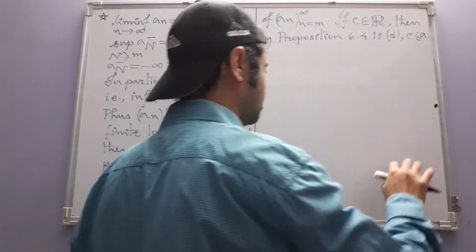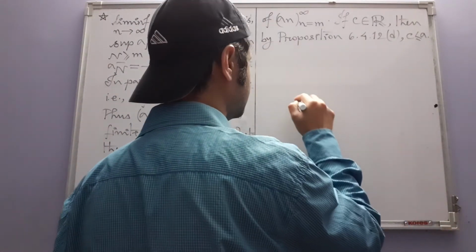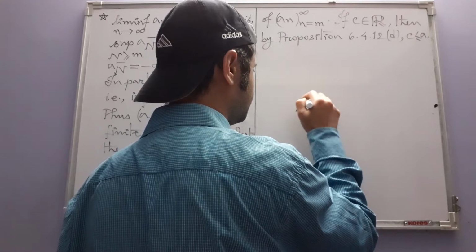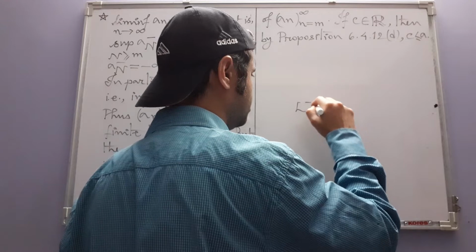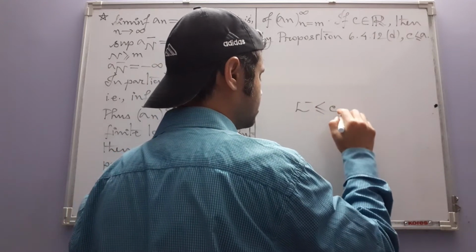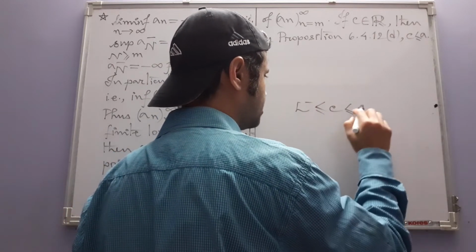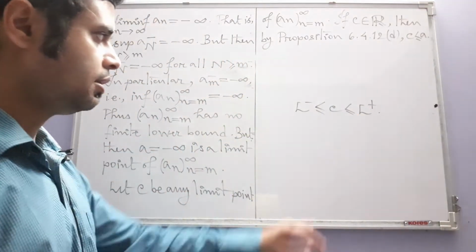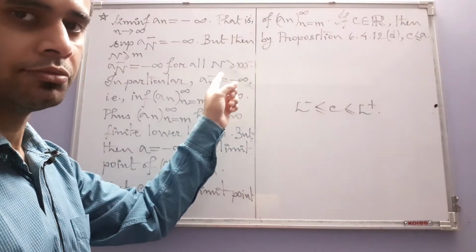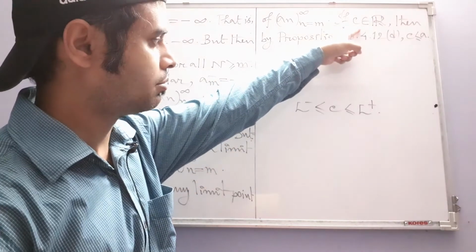In part D, what we had is this: the limit inferior L minus, if you recall the notation that we used, is less than or equal to the limit point C, which is less than or equal to the limit superior, if C is the limit point according to the old definition and hence a real number.